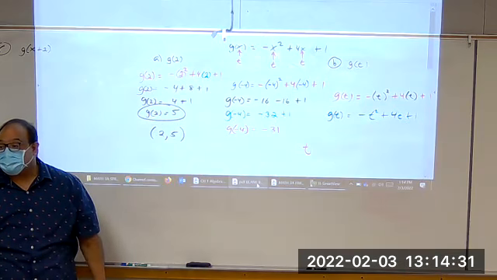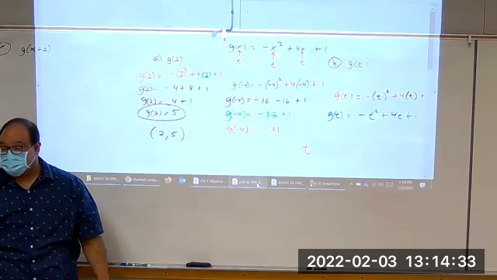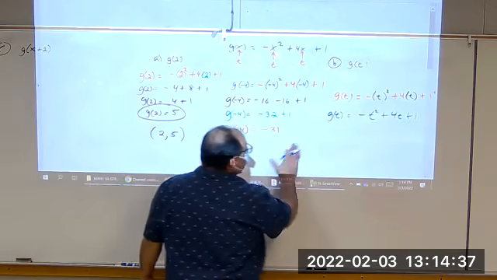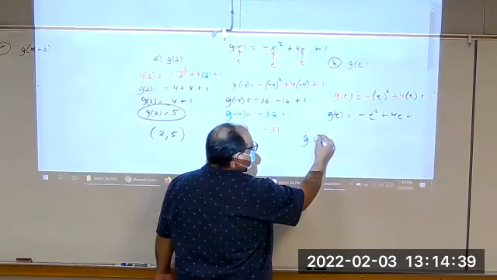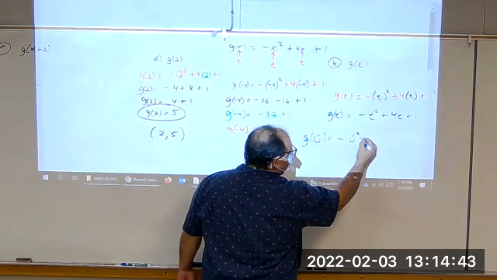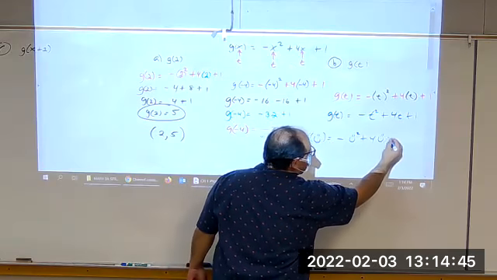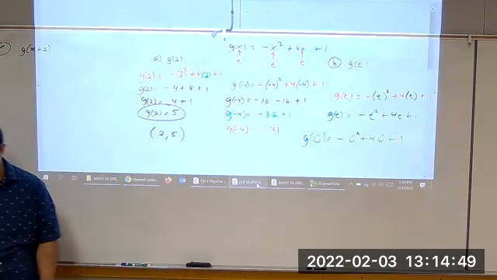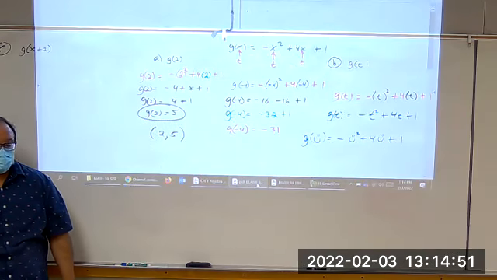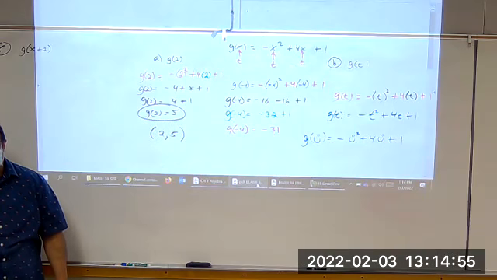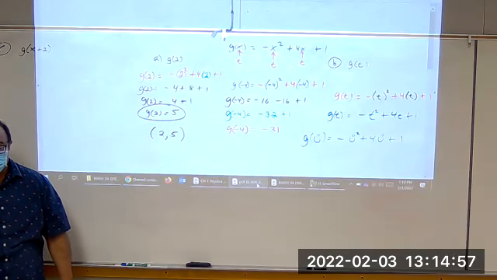Okay, that's what it looks like if you plug in t. If I plugged in happy face, G of happy face, it would be negative happy face squared plus 4 times happy face plus 1, because you replace the x with a happy face.